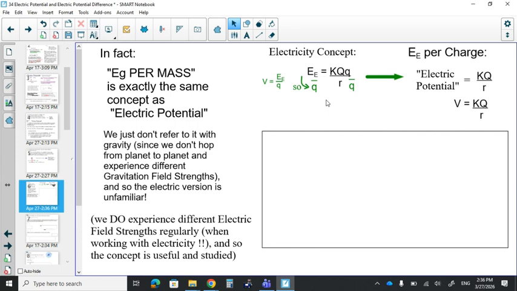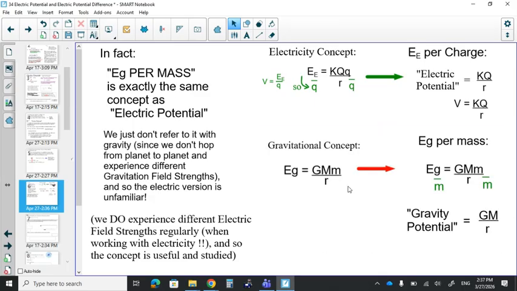So just to recap here, electric potential energy is kQq over r. If we want electric potential energy per charge, that's electric potential, so kQ over r, the little q's cancel out. The q would be the spot where you are, and you're looking at another charge, big Q in this case. So electric potential is just kQ over r.